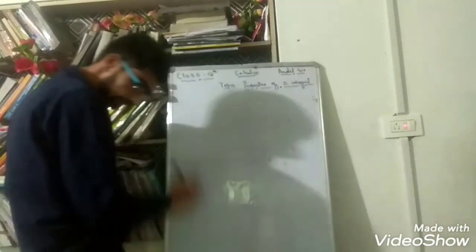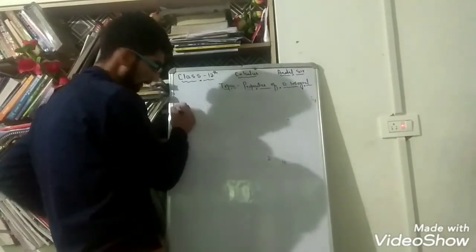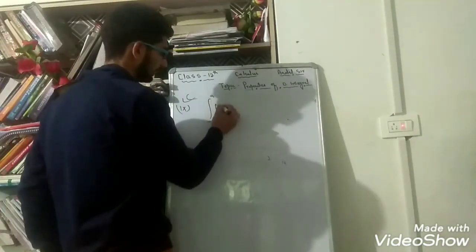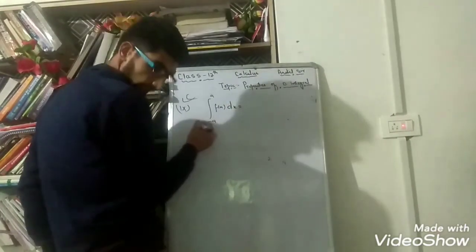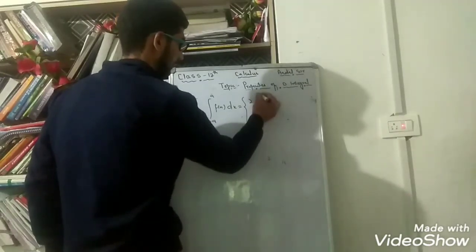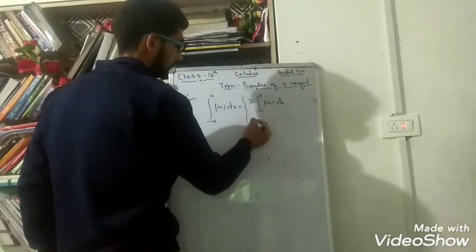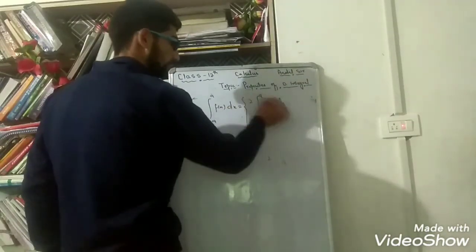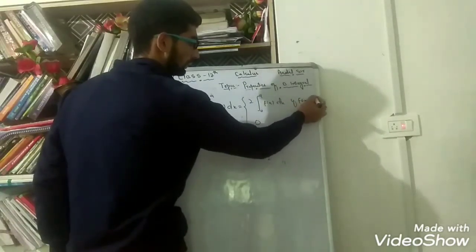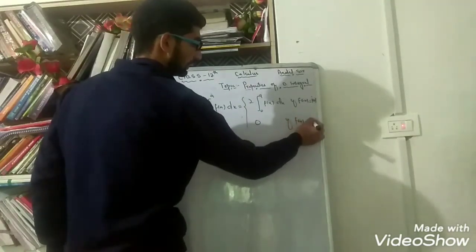Property number 9, which is very important: the integral from minus a to a of f of x dx is equal to twice the integral from 0 to a of f of x dx if f of minus x is equal to f of x, and it is equal to 0 if f of minus x is equal to minus f of x.